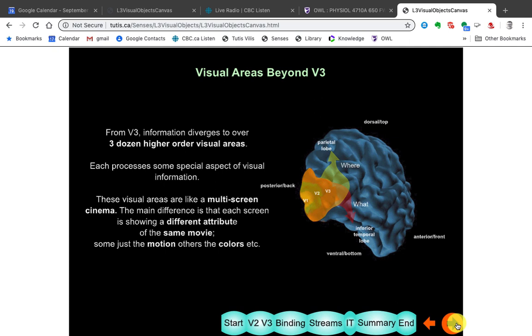Where does all this happen? Well, there's V1, V2, V3. You can see that the information flows up. One arm goes up and over the top of the cortex, and goes to the parietal lobe, and it's called the where stream.